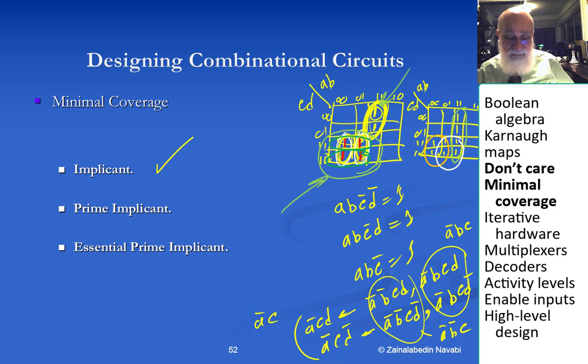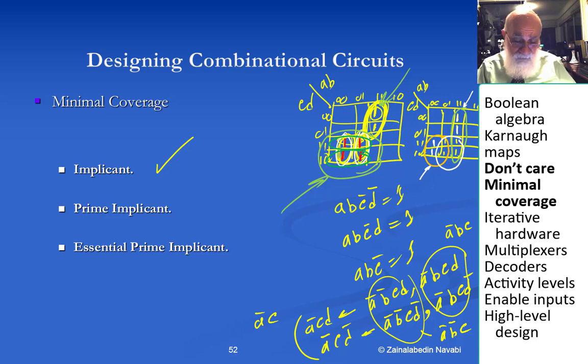But then the orange one and the green one have at least a 1 that no other prime implicant covers them. See, this one has this one and this one that no other prime implicant covers them. This one, the orange one, has this one and this one that no other prime implicant covers them.